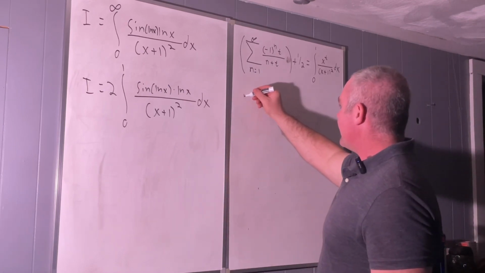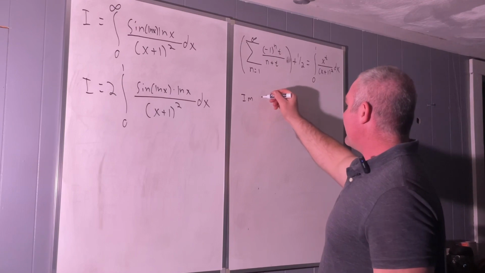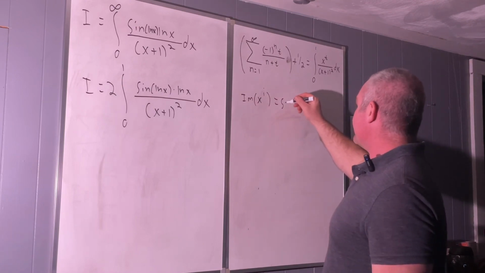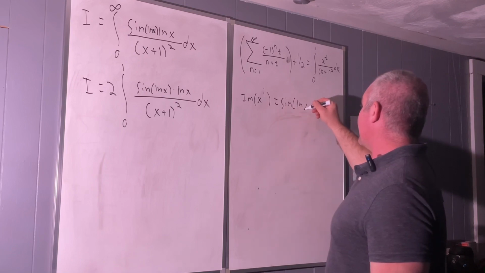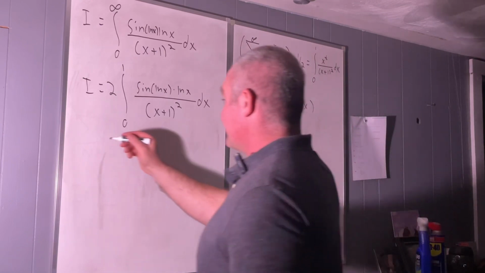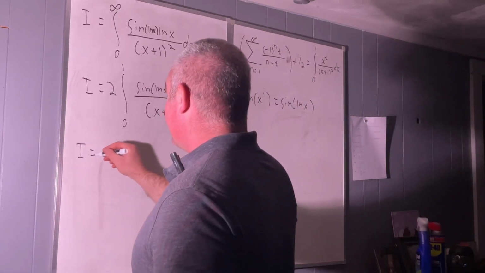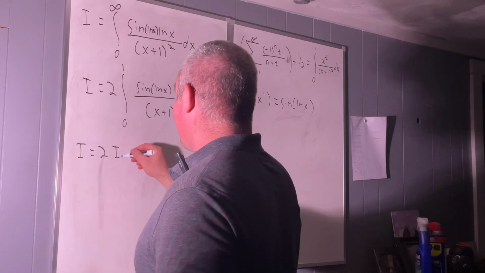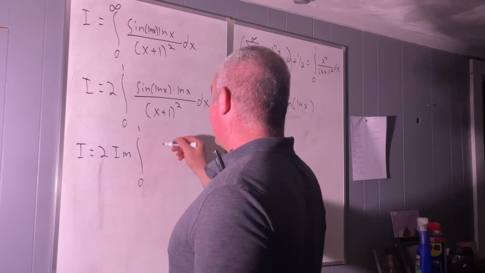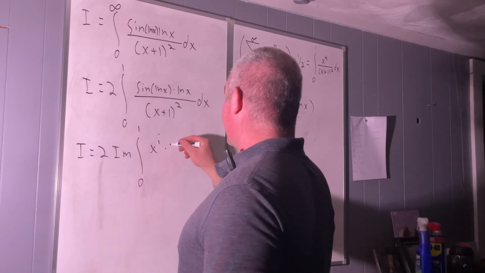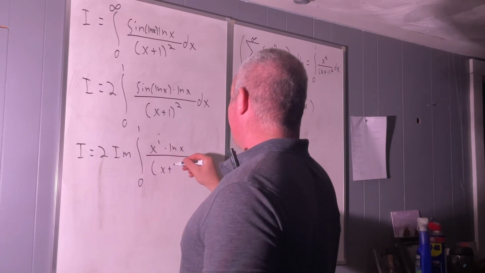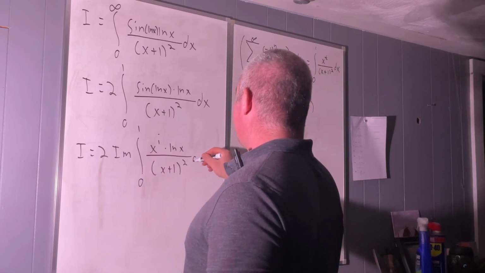So the imaginary part of x to the I is equal to sine natural log x. So we're going to rewrite our integral now as I is equal to 2 times the imaginary part of the integral from 0 to 1 of x to the I times natural log x over x plus 1 squared dx.